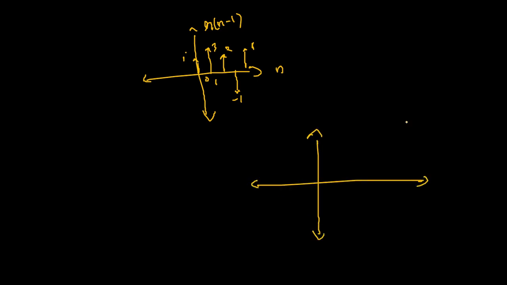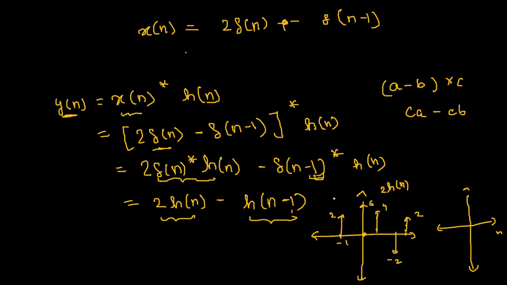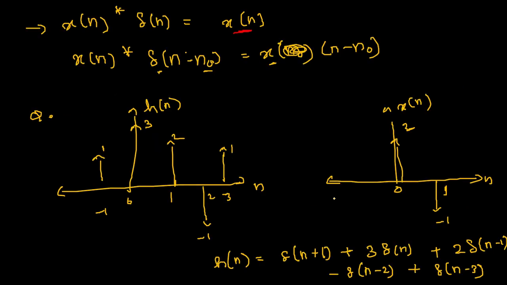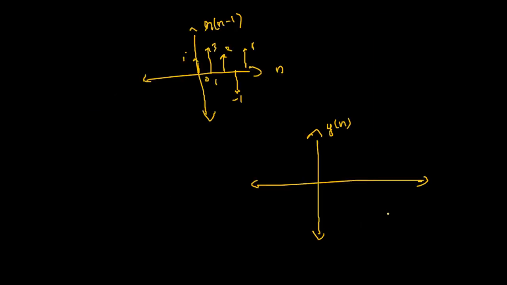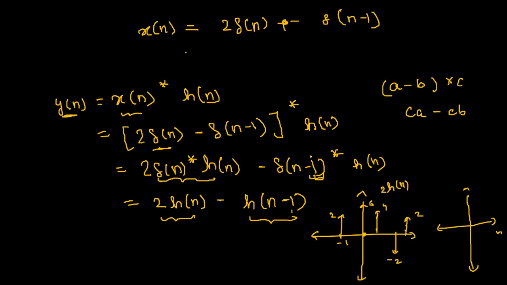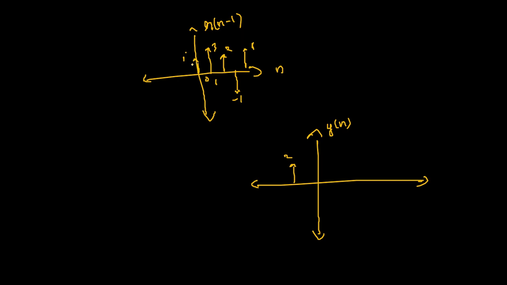So this is the final value of y of n, because I know that y of n will be the difference between these two graphs. So let us try to solve that. So at minus 1 it will be 2 minus 0, which will just be 2. At 0 this graph is 6, and h of n minus 1 is 1. So we are left with 5.